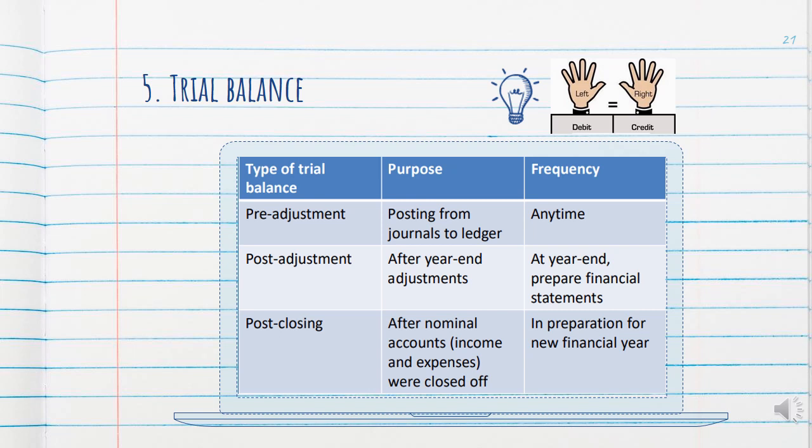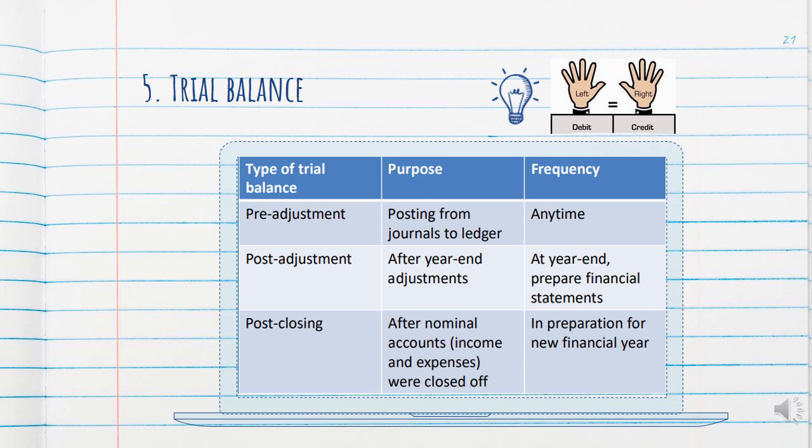So our 5th topic is trial balance. We are almost there. Hang in there. But basically what our trial balance tries to do is to make sure that all our debits equal our credits. Now, why would we want that? Why do you think it's important? It's because if our debits do equal our credits, that means that our financial statements are faithfully represented, which means that they are in line with the standards of IFRS.